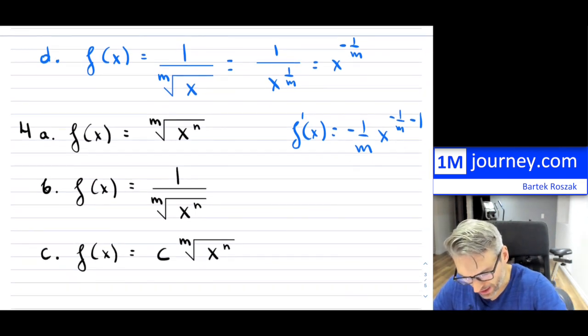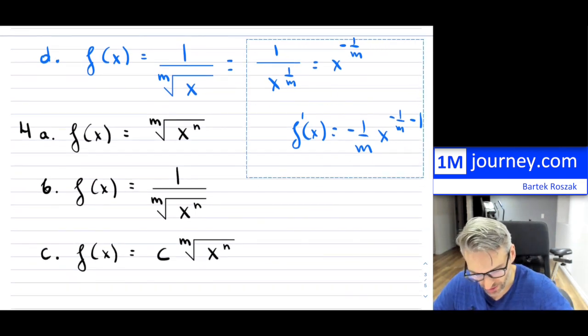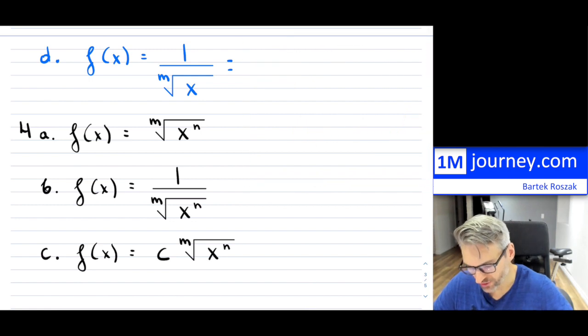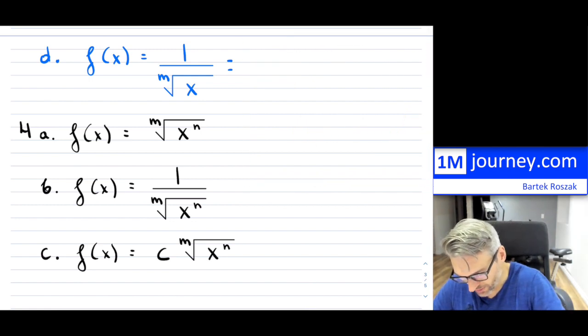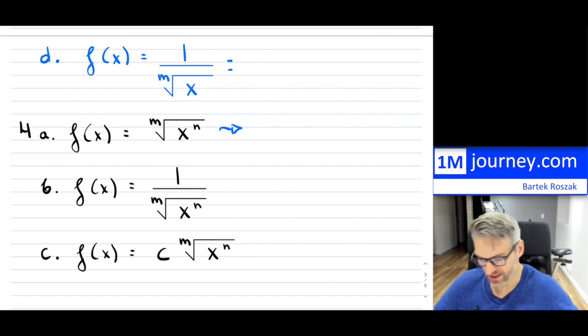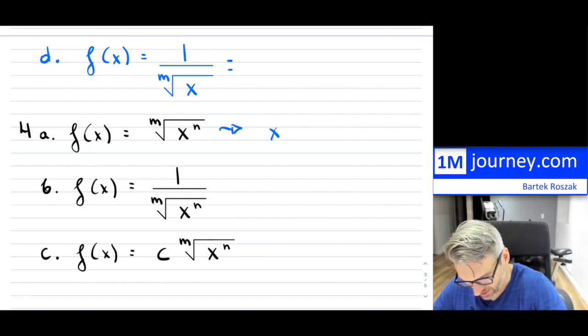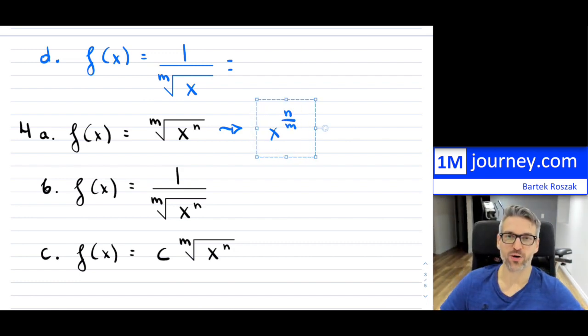Now, if I would continue this and generalize it to this case, what is this equal to? This is x to the n over m. So now it's the general power function where you have a rational exponent. Now, we're going to assume that it's in lowest terms, that fraction.